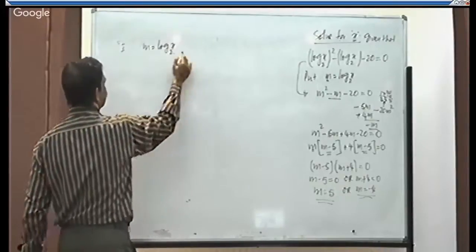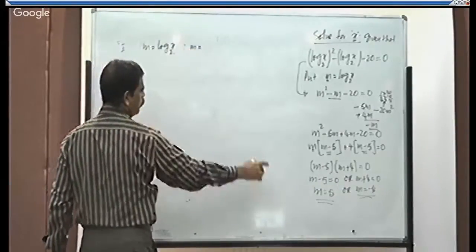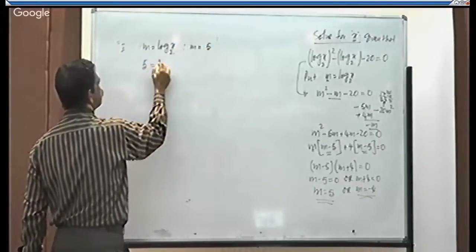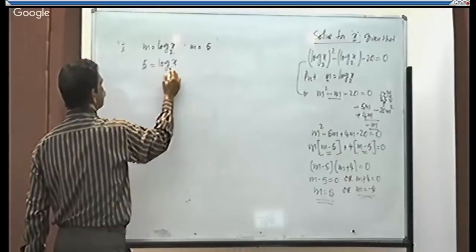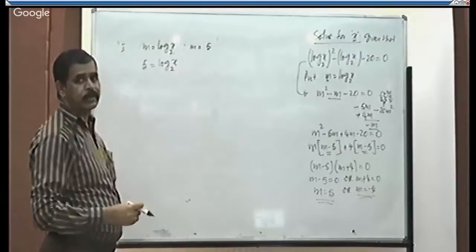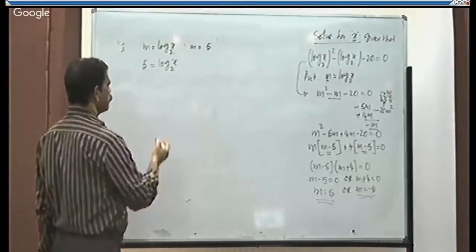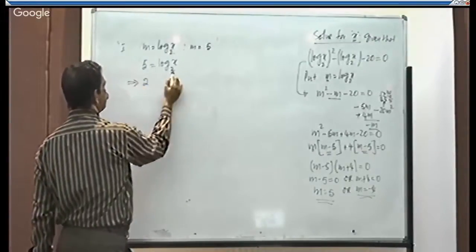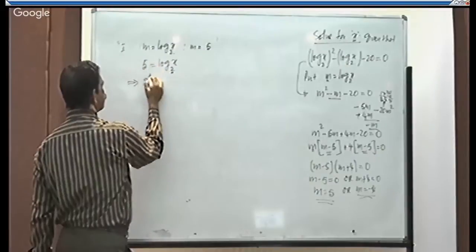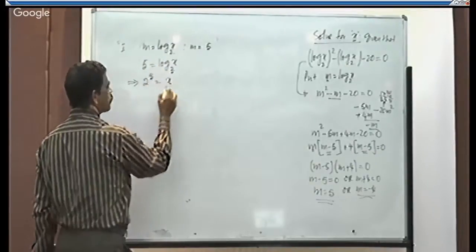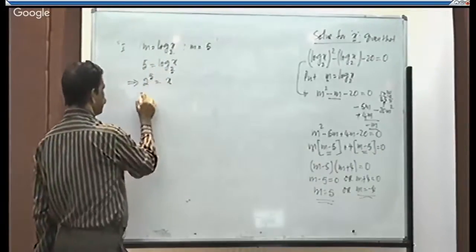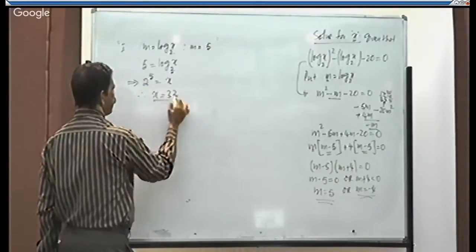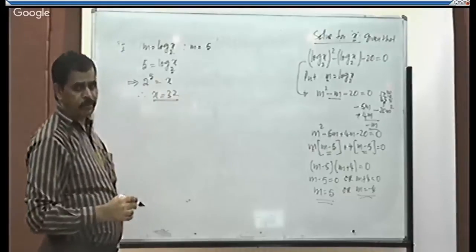So here m is equal to 5. 5 is equal to log of x to the base 2. Write this into index form. This is base 2. 2 to the power of 5 is equal to x. Correct? Therefore, x is equal to what? 2 to the power of 5 is 32. One value is 32 for x.